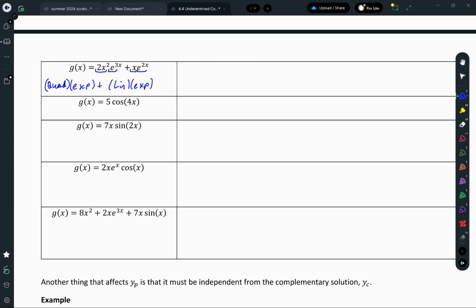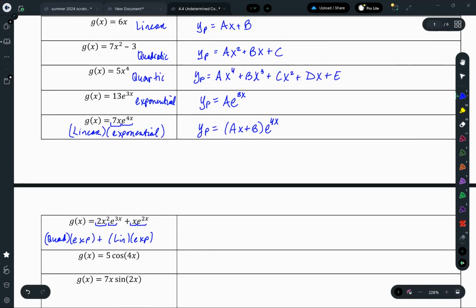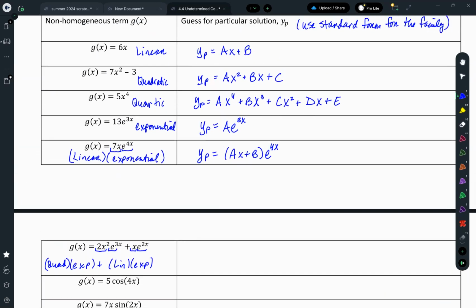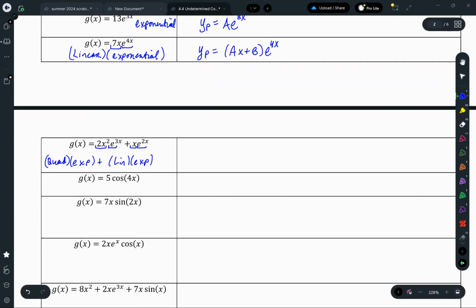Now we have to be careful because as you've seen up above, I kept starting over at A for each one of my guesses, but these were unique guesses for one g of x. I have two pieces of g of x, so I'm not going to let A show up twice. Here's what I mean.